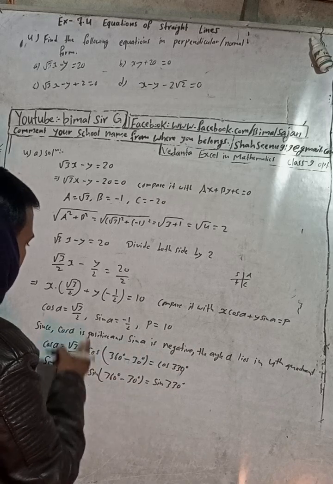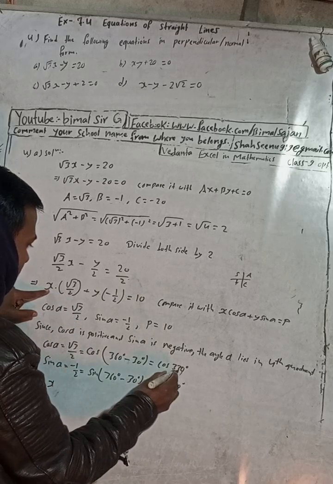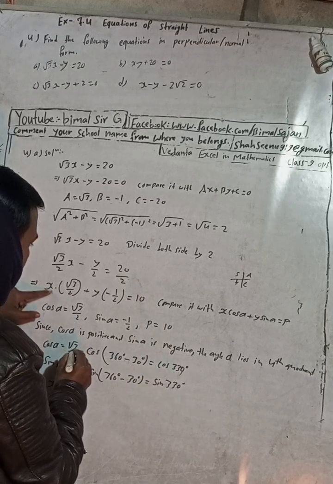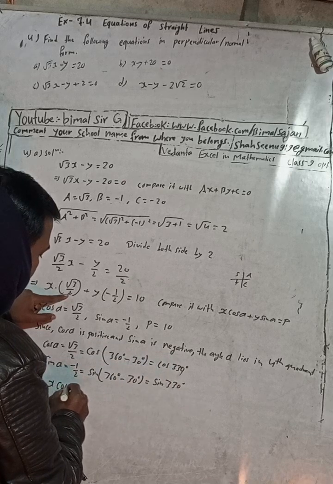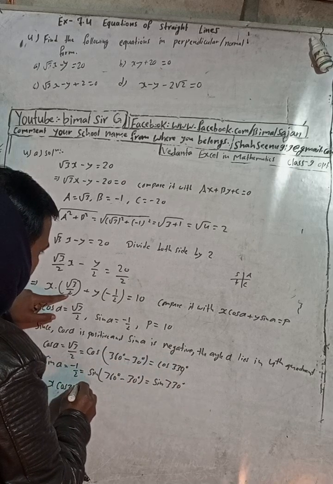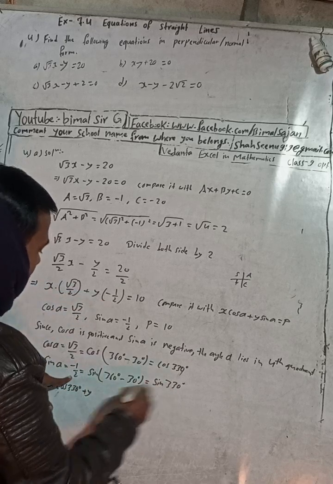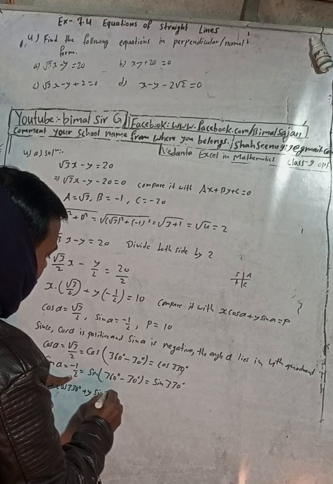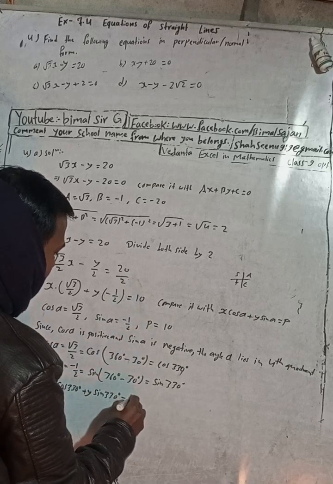Therefore, if we put back here, x cos 330 degrees, because root 3 by 2 means cos 330 degrees, and then plus y, minus 1 by 2 is sine 330 degrees, is equal to 10.